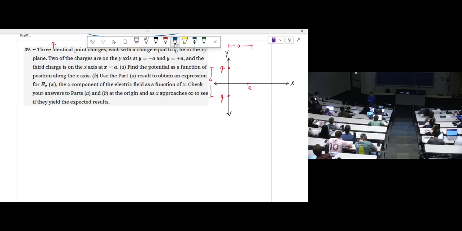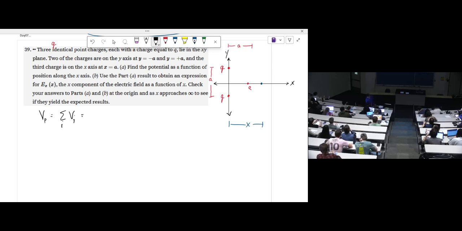And we want to know what is the electric potential as a function of position along the x-axis. So I'm going to choose this position right here as x at this point. What this question is trying to get you to see is that the potential at any given point is equal to the sum over the potentials that make up this problem.